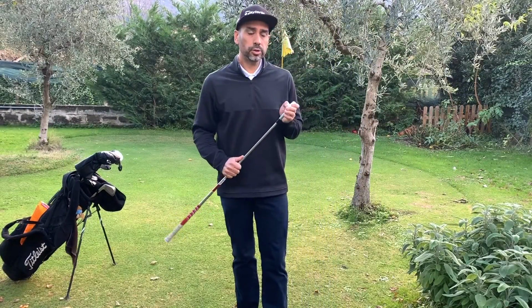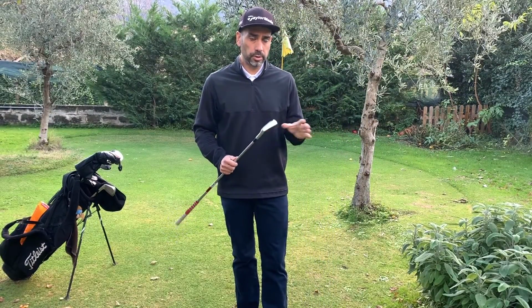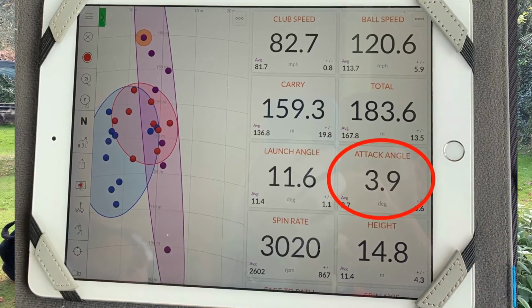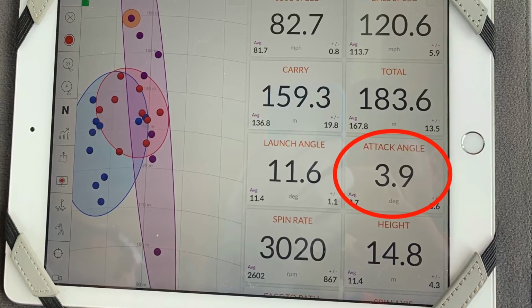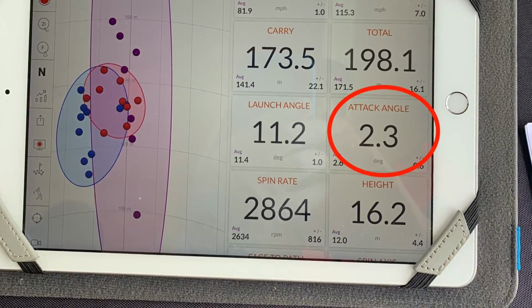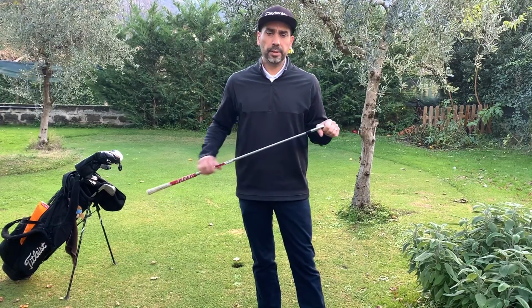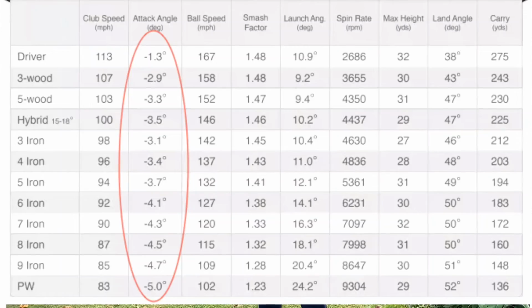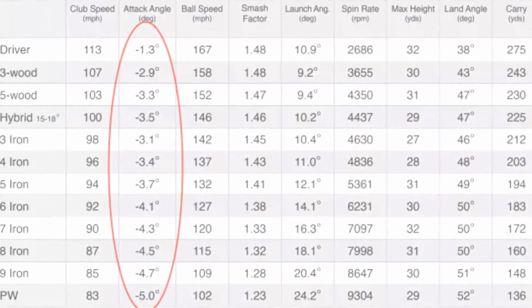So one thing that I noticed on my stats that was really obvious was the angle of attack, and it was positive. It was something like 2, 3, 4 degrees, and I compared it to a lot of tour players, or just good players, and I noticed that number was negative.